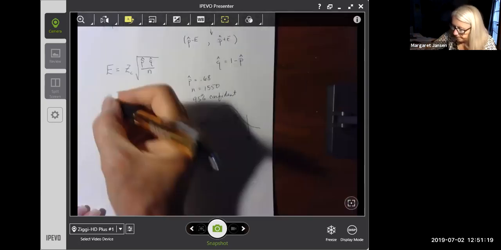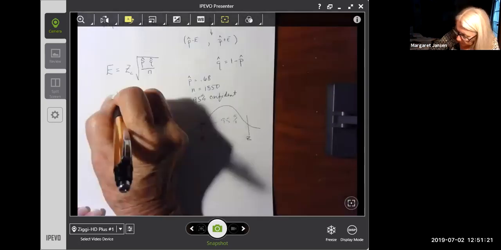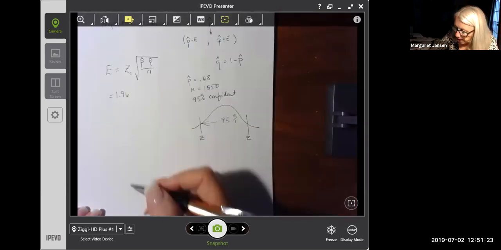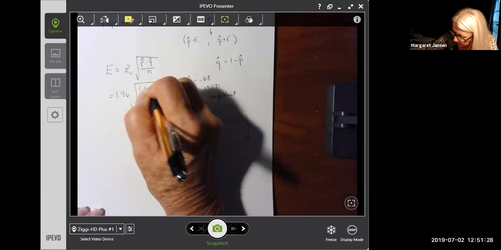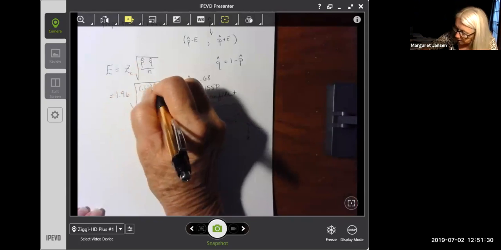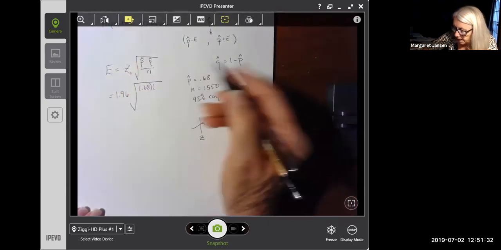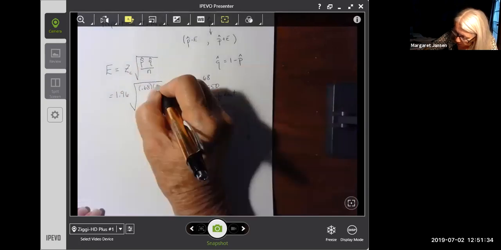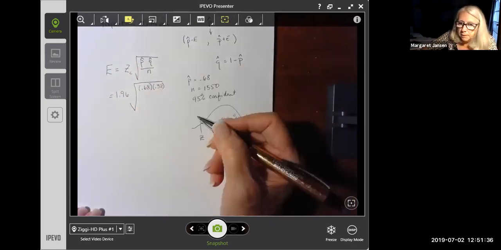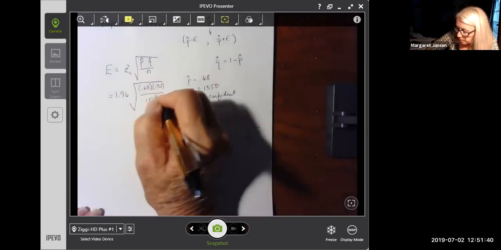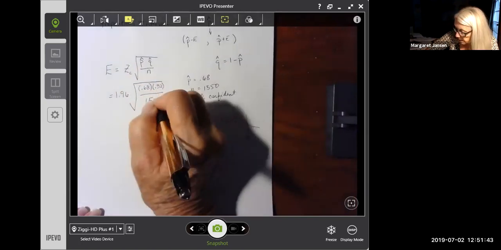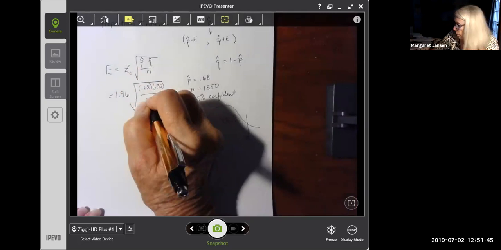Okay, so let's compute the margin of error. So 1.96 times the square root of 0.68 times, and again, q hat is 1 minus p hat, that's 0.32, divided by the size of the sample. So this is what we want to compute.